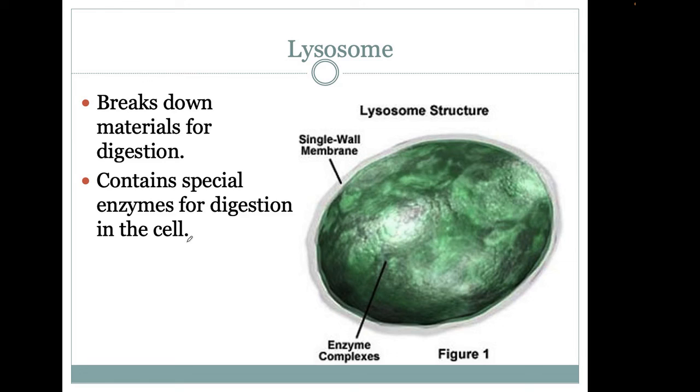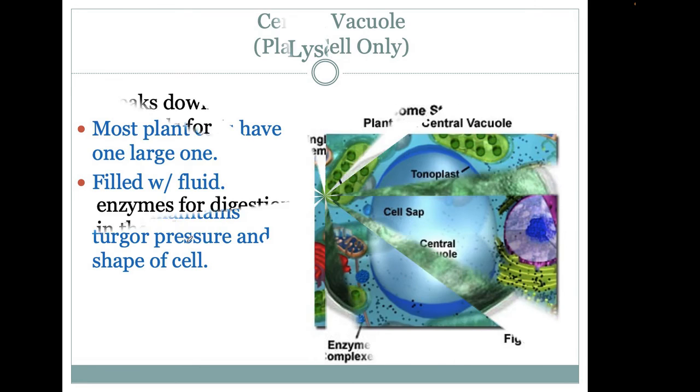Tertiary lysosomes are spherical vesicles which contain undigested food material. These are also called residual bodies.